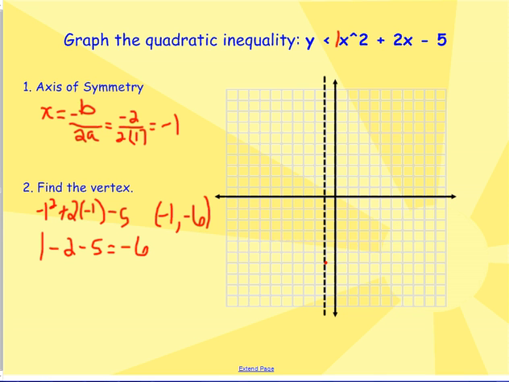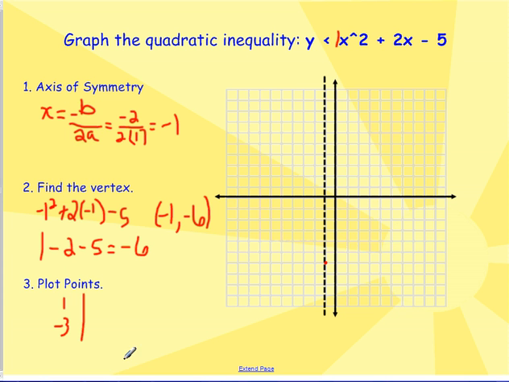Alright, and then if you remember, our last thing that we need to do is plot the points. So I'm going to pick 2 points on either side of my axis of symmetry. I'm going to choose 1, and I'm going to choose negative 3, and I'm going to plug those into my equation.